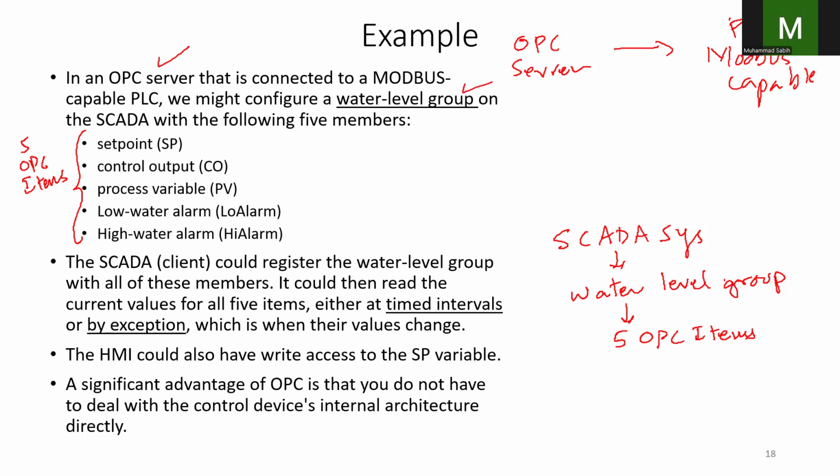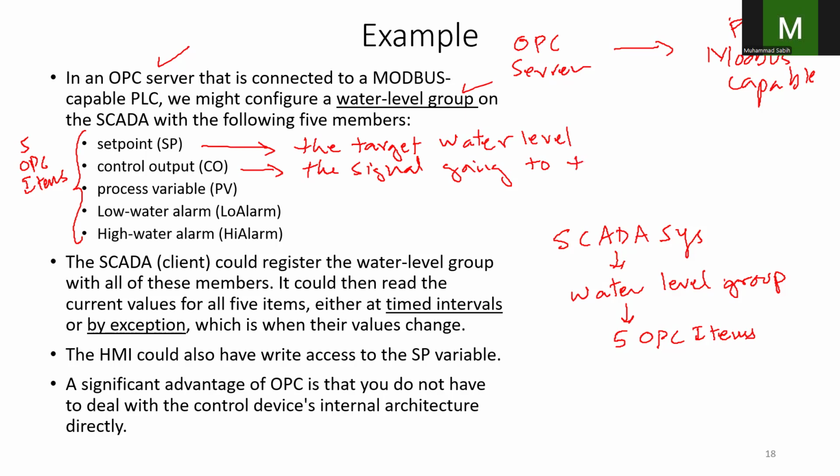So these are the 5 OPC items defined in this group, where the set point is basically, let's say, the target water level. Control output CO is the signal which is going to the actuator.